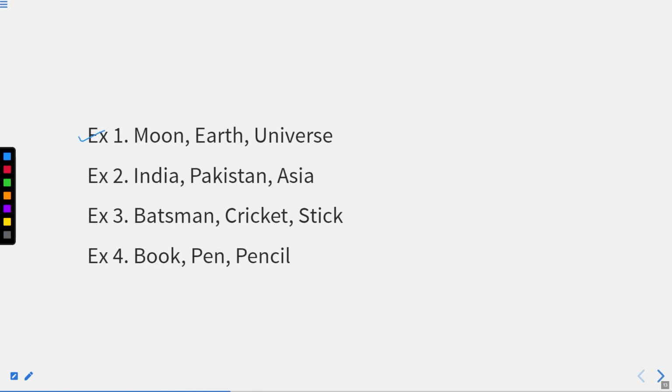So we'll read the first question and we'll draw the diagram by ourselves and then we'll get to the answer. The first term is moon, the second is earth, and the third is universe. We know that moon and earth are separate bodies which are present within the universe.